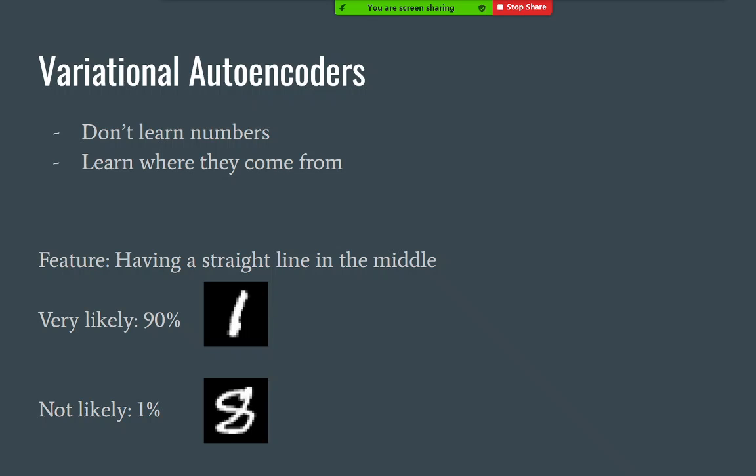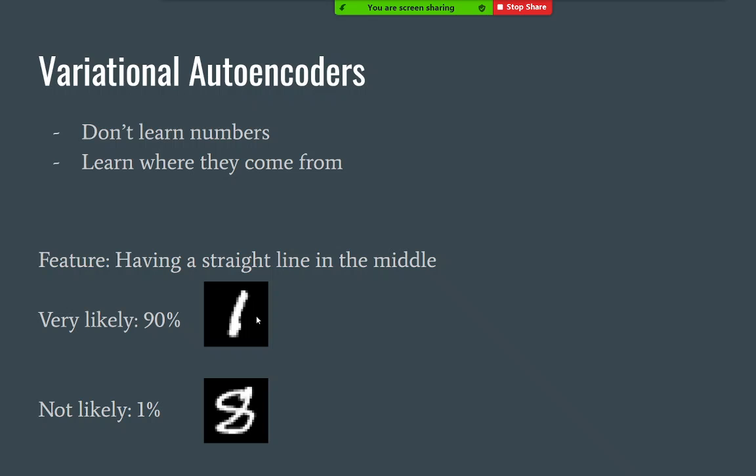Well, if we want to reconstruct from that high likelihood, we don't expect a straight line to be in an 8. We expect a straight line to be in a 1. So it makes a lot more sense in this case to treat those numbers as kind of like random numbers.